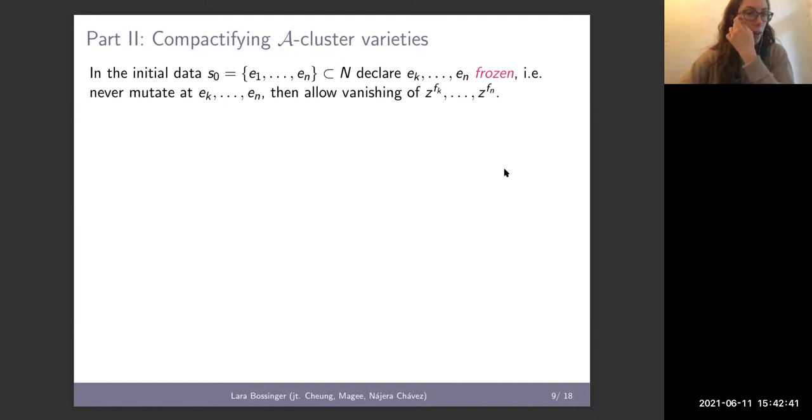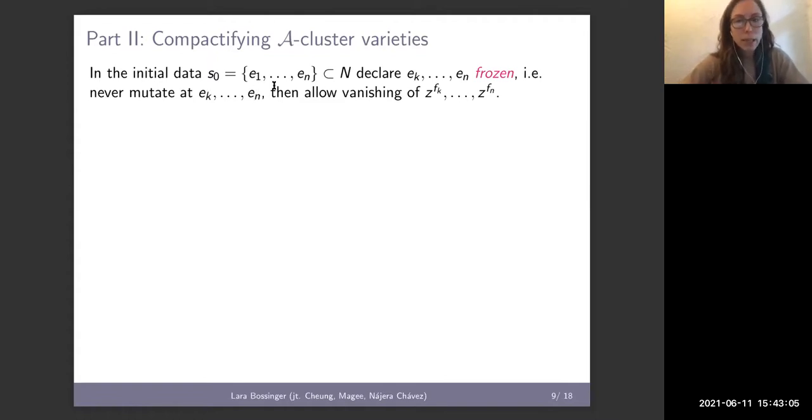So if I take again my initial data, my initial seed, my initial basis for N, I can declare some of those basis elements frozen, and that means that I will simply never mutate in these directions. Remember, my mutation always depended on one of these basis elements, and I will simply never perform mutation in these directions.